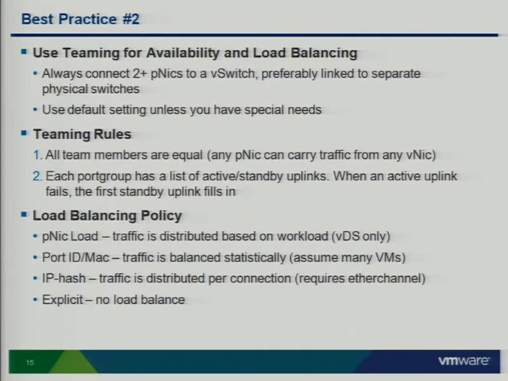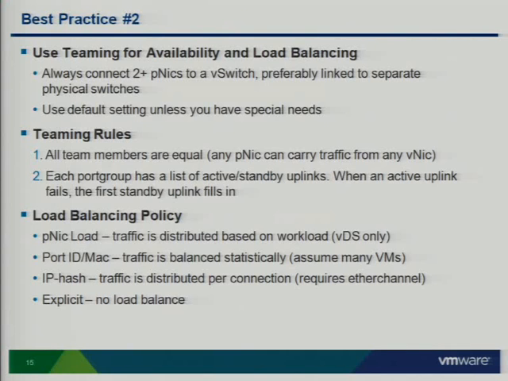This basically works in a statistical fashion. If you have several VMs and you use the hashing algorithm, statistically some VMs will use one uplink, other VMs will use a different uplink. So you statistically balance all the VM traffic across uplinks. The third one is IP hash. In this case, the choice of the pNic is based on the actual connection, so based on the source and destination IP address.